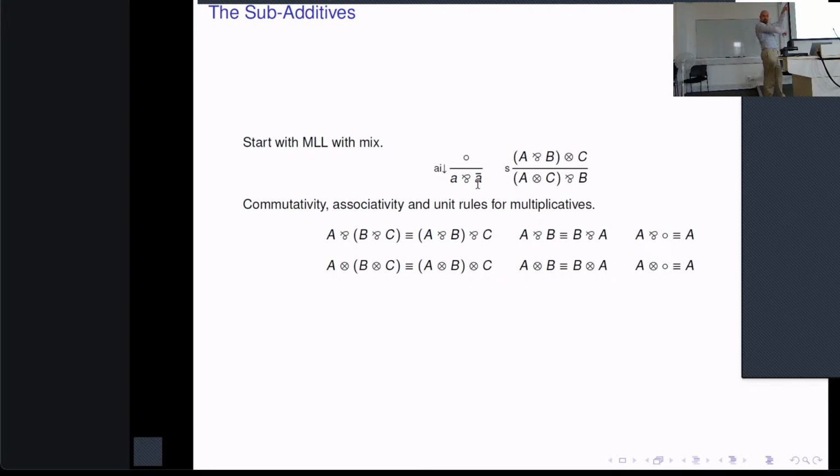If you swap the top and the bottom, then take the linear negation, you get the same rule back. So if I take a system and add just the inverse of this atomic interaction rule, this atomic cut rule, then you've got multiplicative linear logic with cut. So it's really succinct, this system.